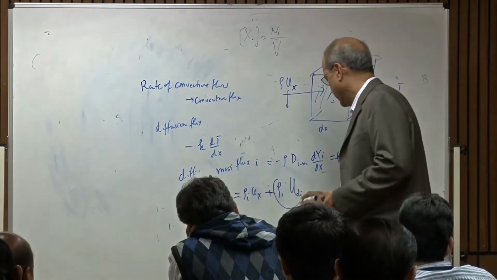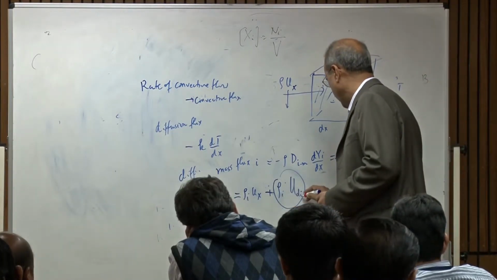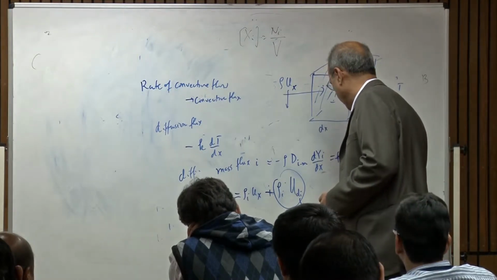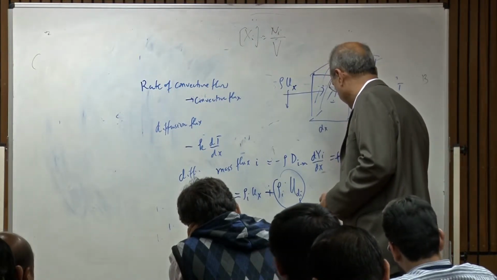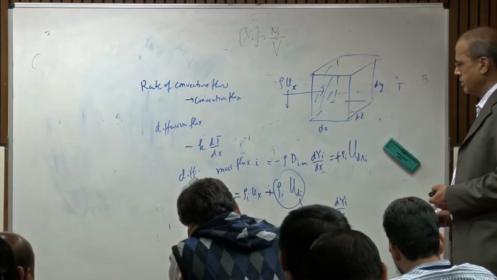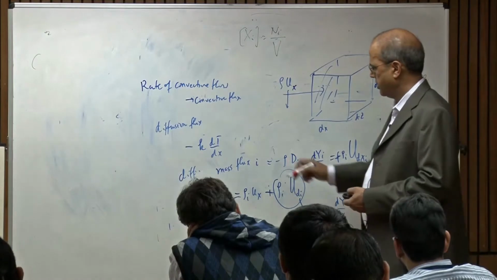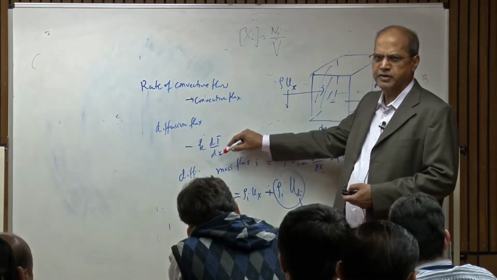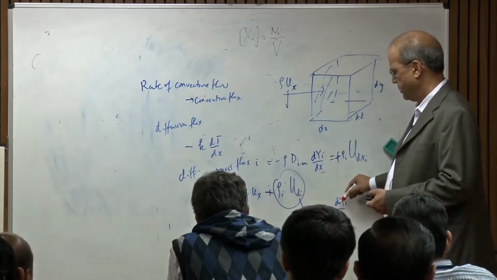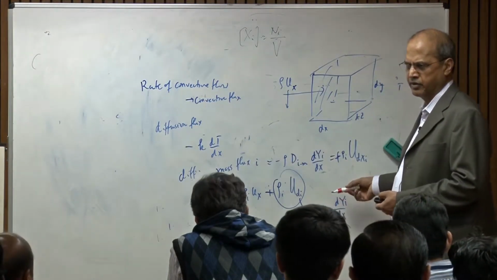But this part, then eventually we write as minus rho Dim dYi dx. I am sure current students remember what this law is called. Fourier law, right? All of you know. This is the Fick's law for mass diffusion. So, very similar.